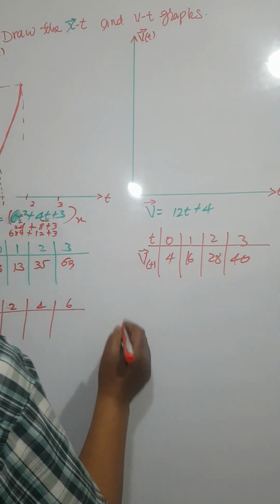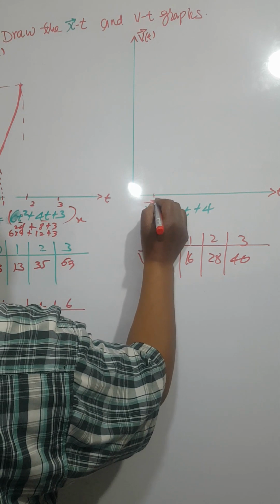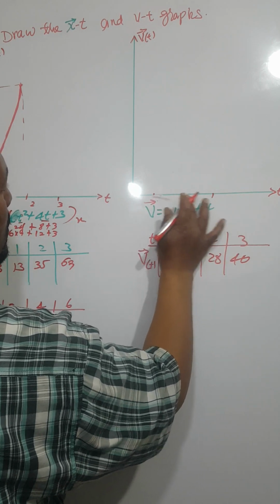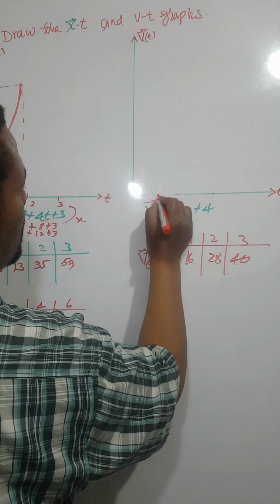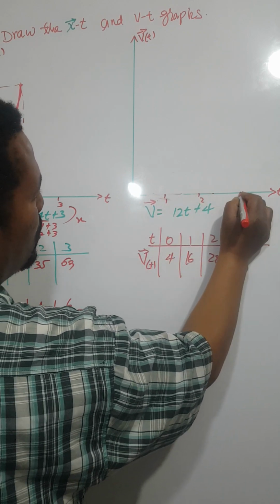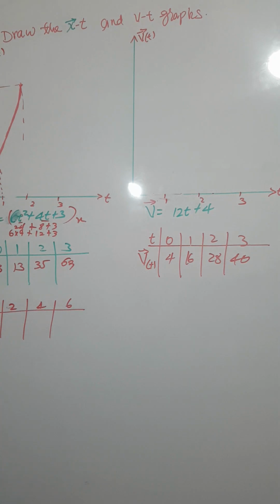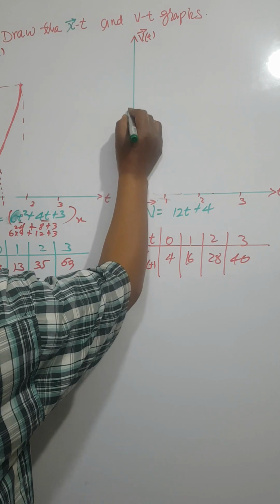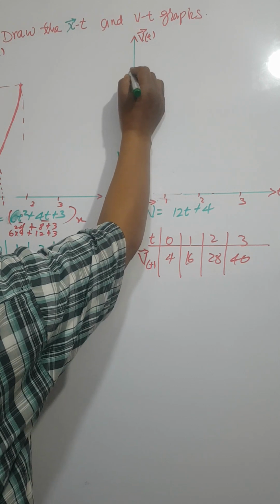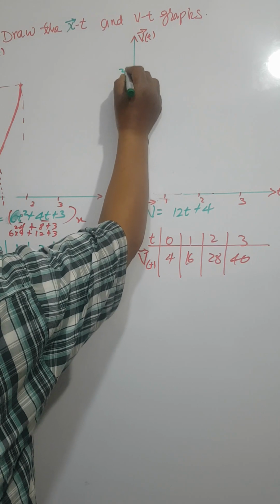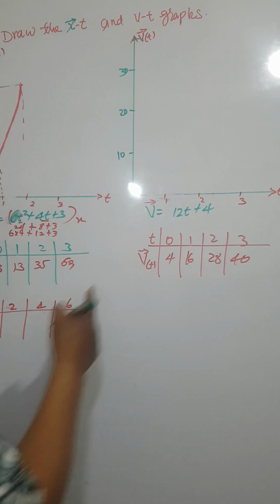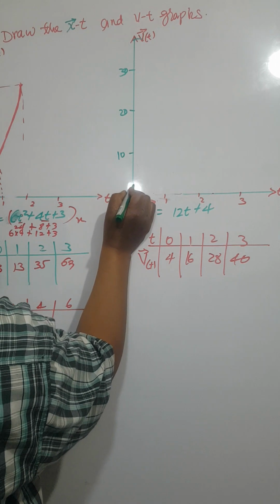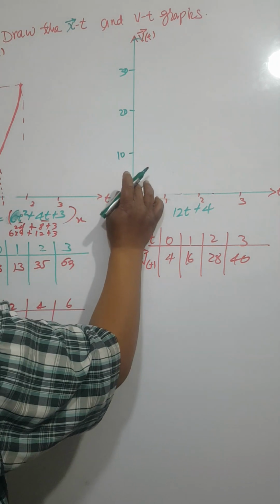Let's see what's going on. Now this is 1, this is 2, this is 3, and here 10, 20, 30, 40. At 0, the velocity is 4 meters per second, nearly half of this.